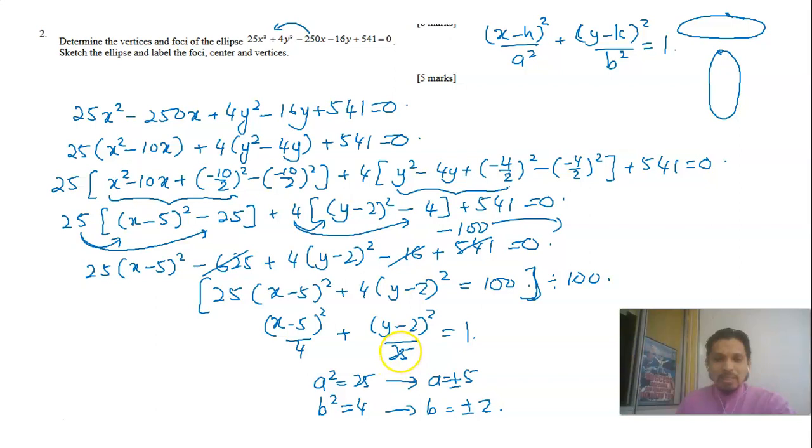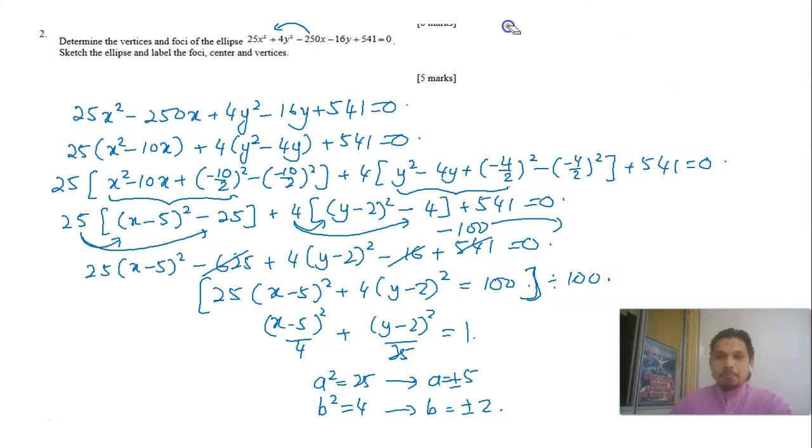Look at this one here now, the highest denominator between these two is 25. So then a squared is 25, b squared equal to 4, then y will be the major axis.